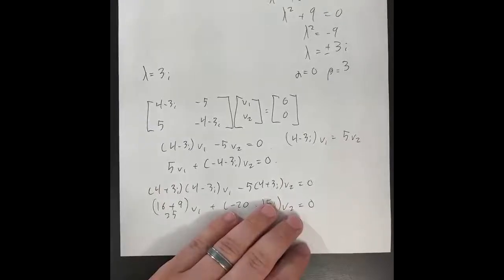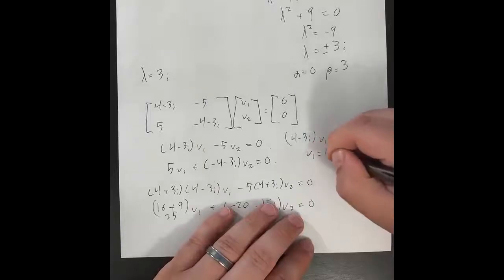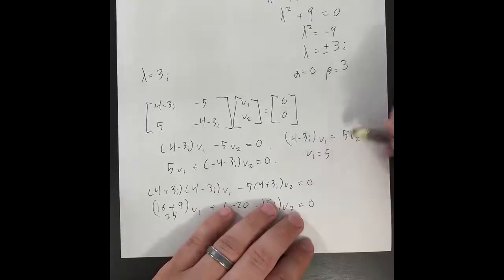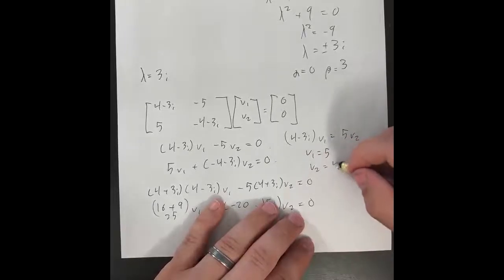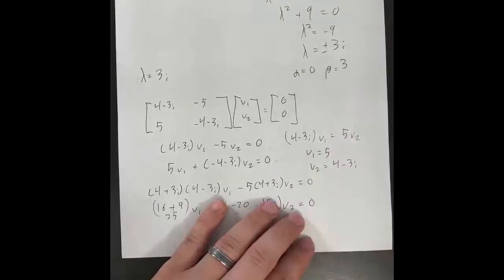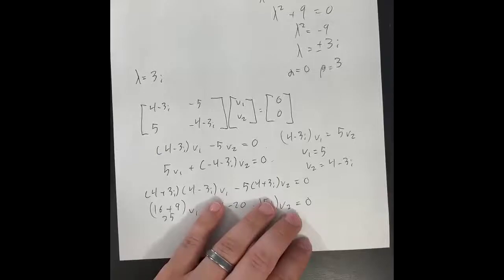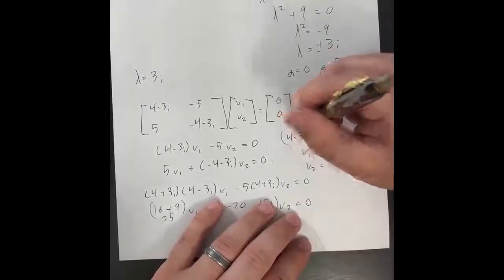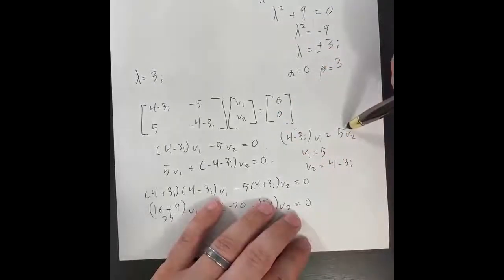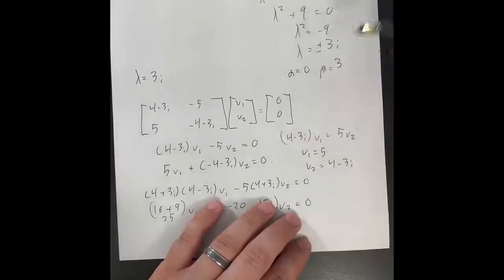One thing that works out nicely is if we pick v1 to be 5, then we can divide the 5s across, and v2 should be 4 - 3i. Okay, v2 becomes this term, and v1 becomes this term here, and then they become equal products on both sides.